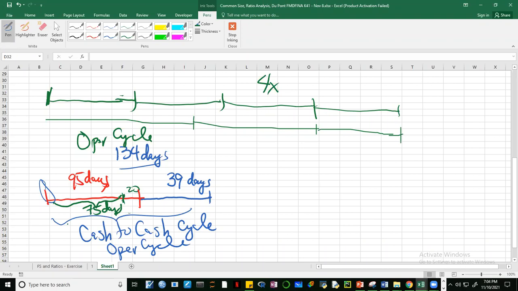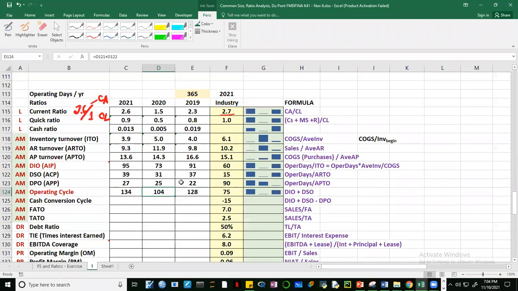Average 75 days. Okay, so we can see, guys, that the company relative to the industry is not performing well. In fact, over the years, nag-deteriorate pa siya, no? Mas worse off pa siya compared to 2019. Lalo na mas worse off siya compared to 2020. At least in terms of operating cycle.